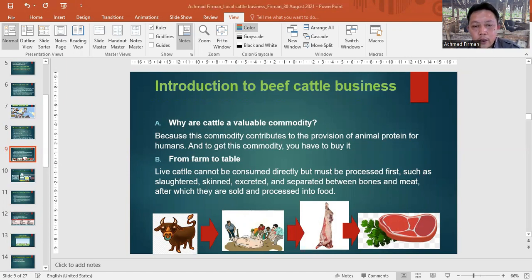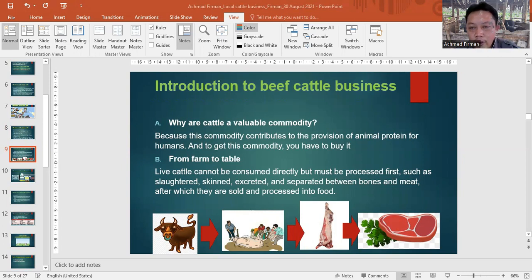Second, in the context of commodity, you cannot eat cattle directly. Just imagine if you could eat cows directly, it means you are a carnivore.